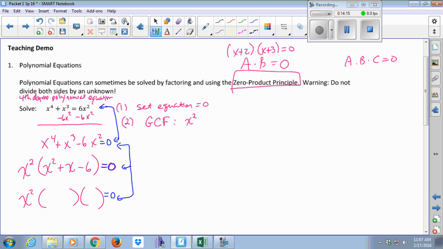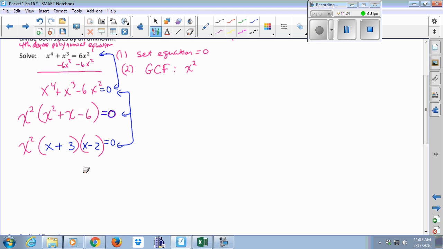Factors of 6 that differ by 1 are 3 and 2, and the 3 is going to carry the plus sign, and the 2 will carry the subtraction sign. And now we have three things that equal 0. This is just like this. A times B times C is 0. So you set A equal to 0. A is x, like the x squared. You set the B equal to 0, x plus 3. And you set the C equal to 0.